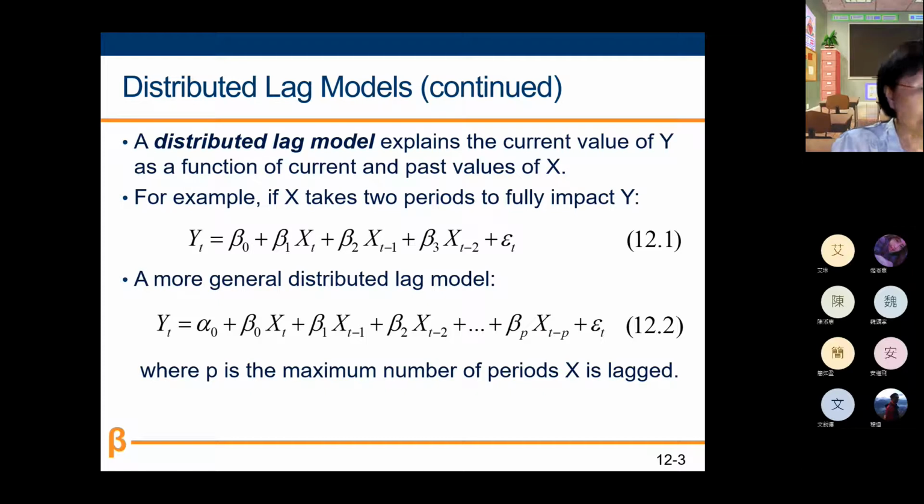When we estimate the model using OLS, something like equation 12.1 or 12.2, what kind of problems, as we have learned so far, do you expect using the OLS estimation with equation 12.1 or 12.2?